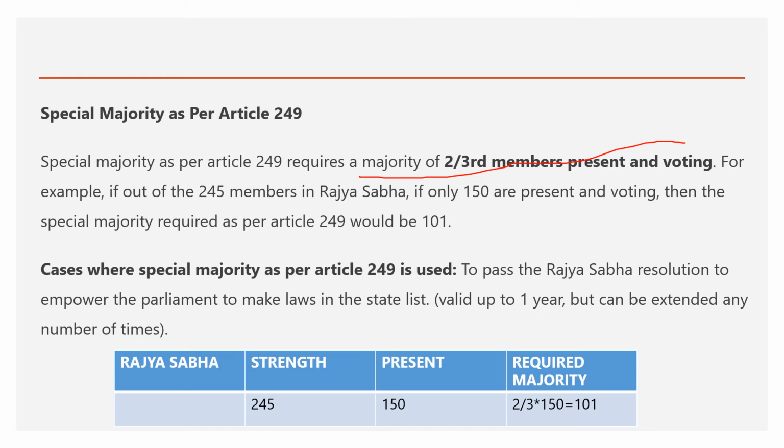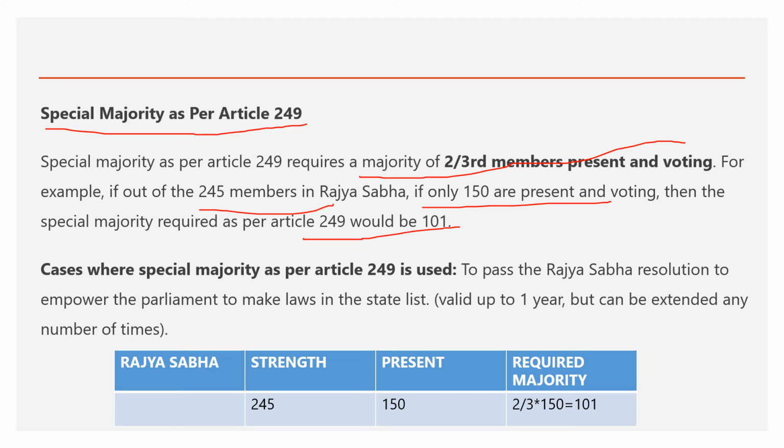So for example, if Rajya Sabha strength is 245, and 150 members are present, and of those 150 members, 101 give their consent, in that case the bill can be passed. So this is a criteria where the special majority is used.